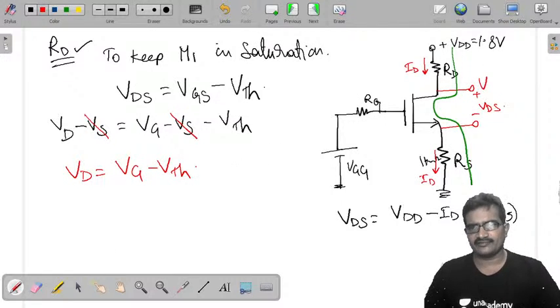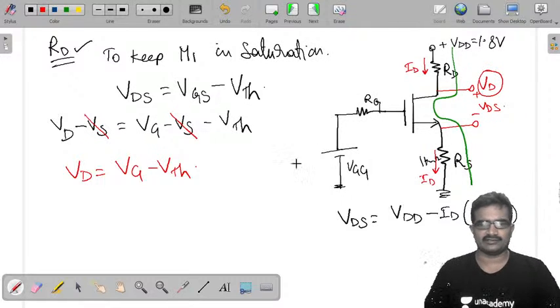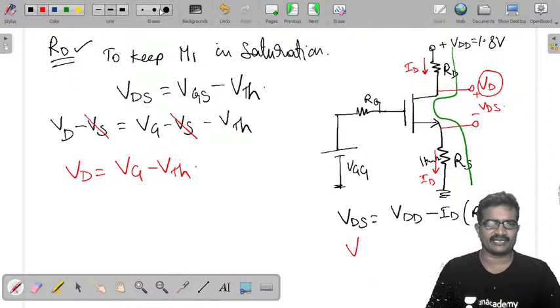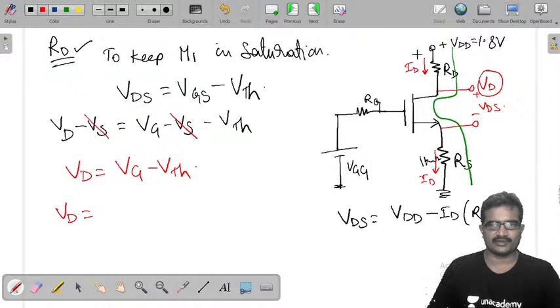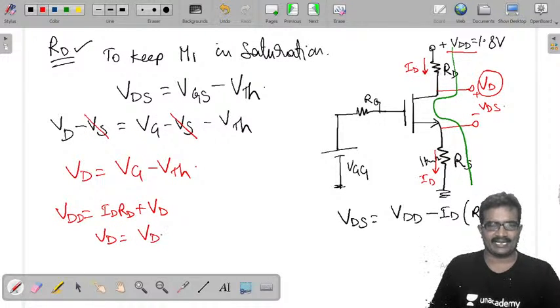Voltage at the drain from the circuit: VDD is IDRD plus VD, therefore VD is VDD minus IDRD.